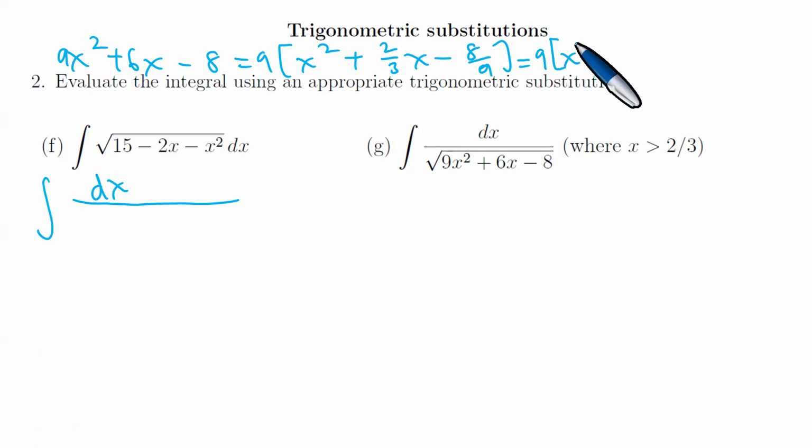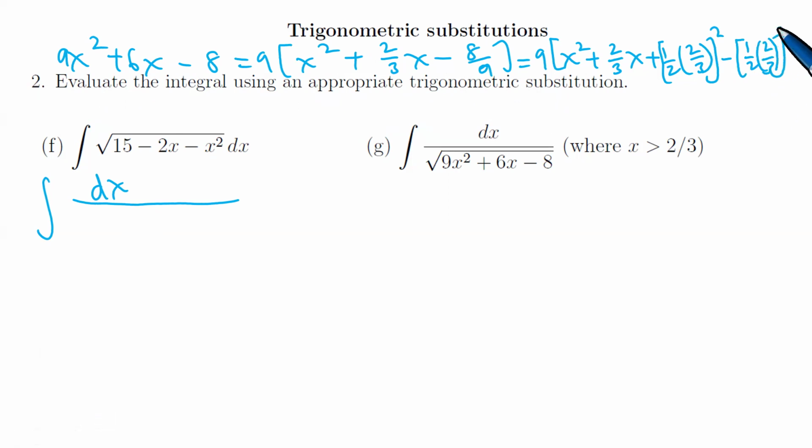Which is exactly x squared plus 2 out of 3 x, plus 1/2 of 2 out of 3, squared, minus 1/2 of 2 out of 3, squared, minus 8 out of 9.